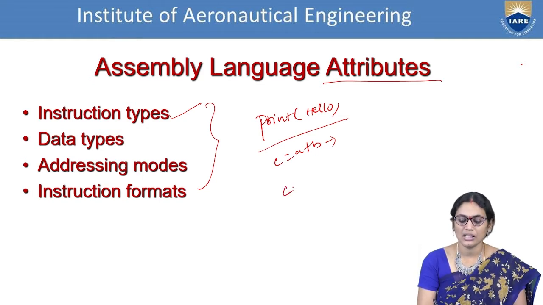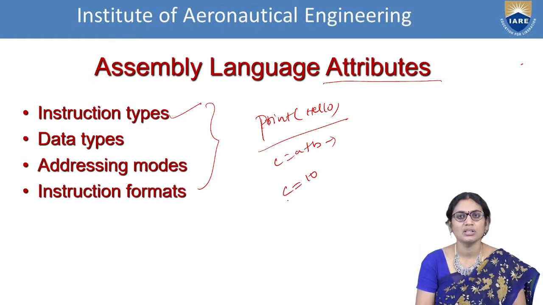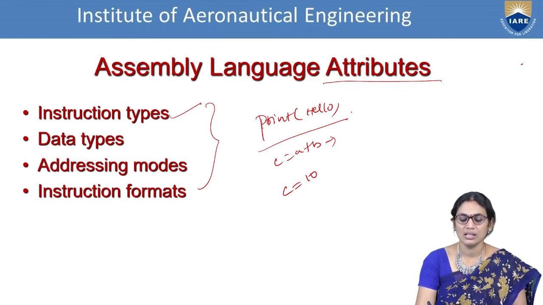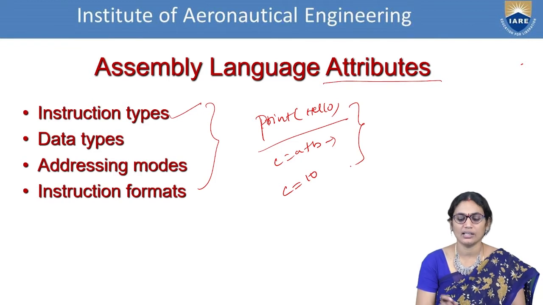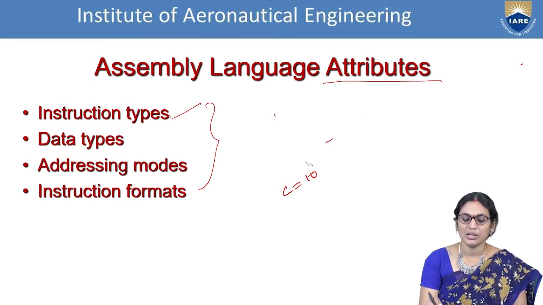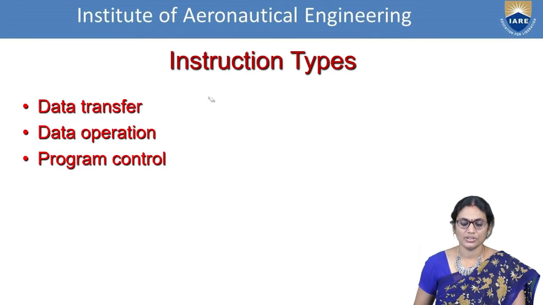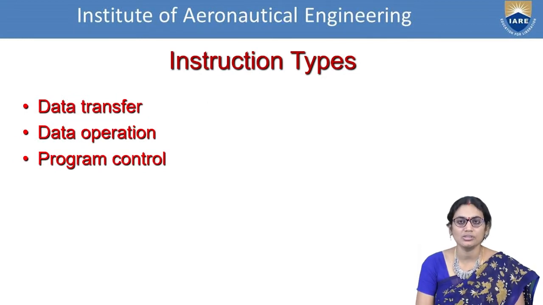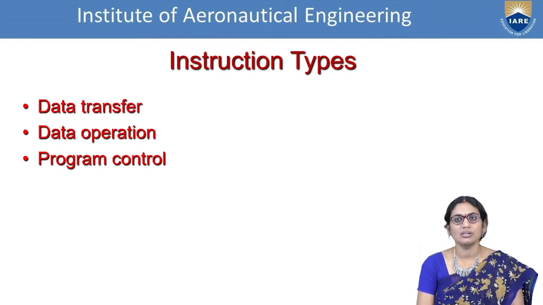If I write a statement like C equals 10, what is the meaning of this? Now the variable C is being assigned a new value 10. So that means the different operations which are intended, the types of operations as well as the functions of the operations, are being represented in instruction types. Because of this reason, the instruction types can be classified into 3 basic operations. First one is data transfer operation, second one is data operation, and finally program control instruction.